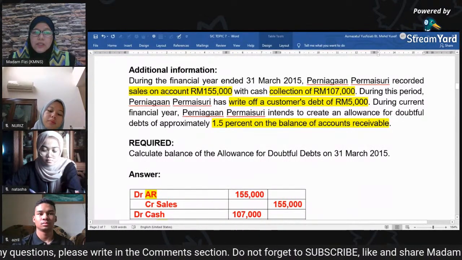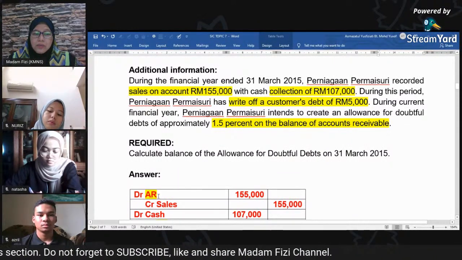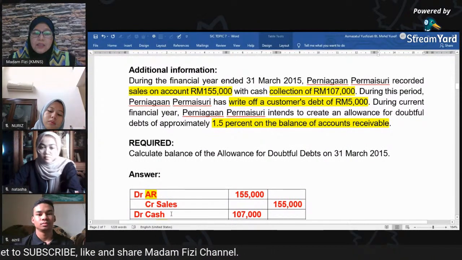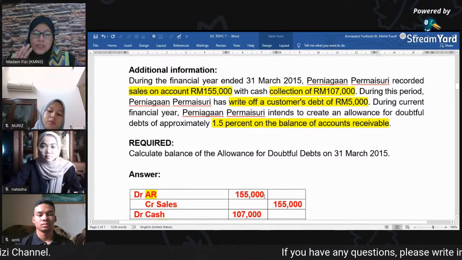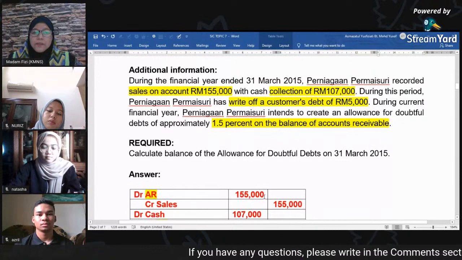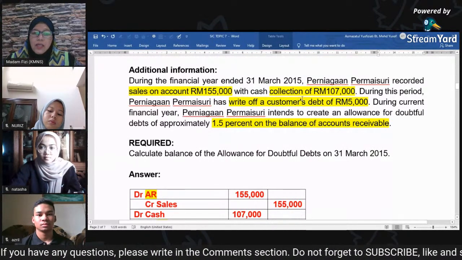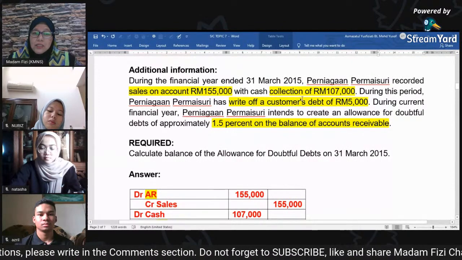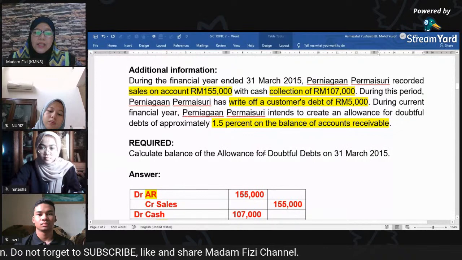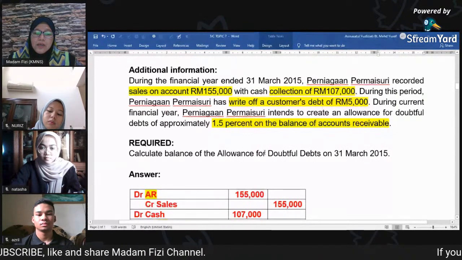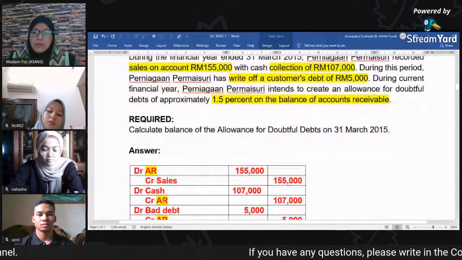Sales on account tadi apa? Credit sale. So that means debit accounts receivable and credit sales 155,000. Just note down, yeah. And then cash collection, maksudnya kita receive cash 107,000. So write down debit cash, credit accounts receivable 107,000.